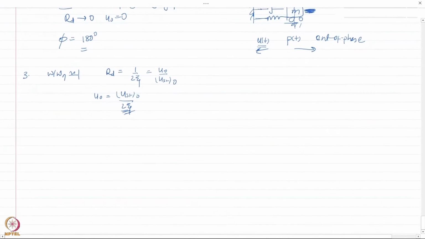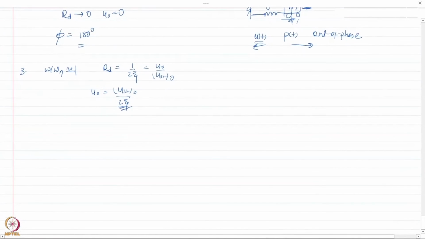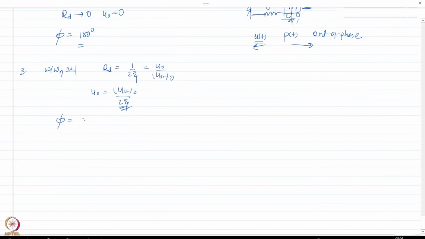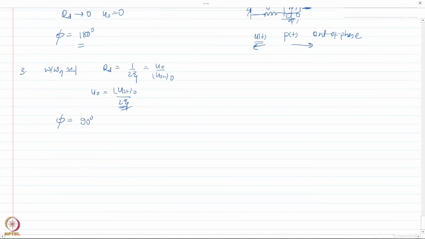All right, and let us see what happens to the phase angle. The phase angle would become 90 degrees. If you substitute omega by omega n, the denominator would be 0, so it would be tan inverse of infinity, which effectively gives you 90 degrees.